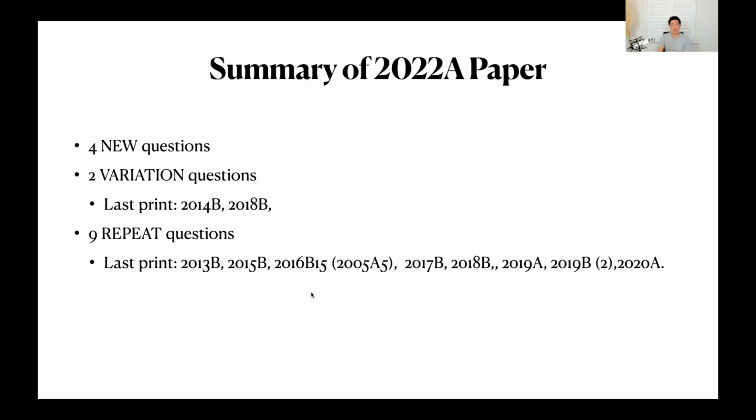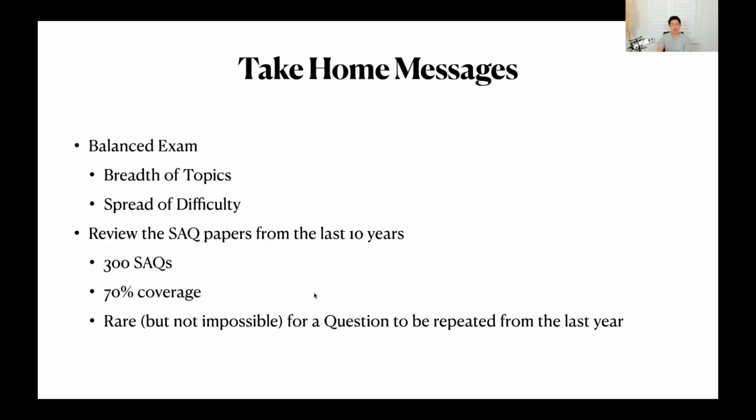There was one from 2005, but you can probably include that from the 2016 paper. It really was a variation of the question there, and that was with regards to anti-emetics. Now, what does that mean for all you guys here today?